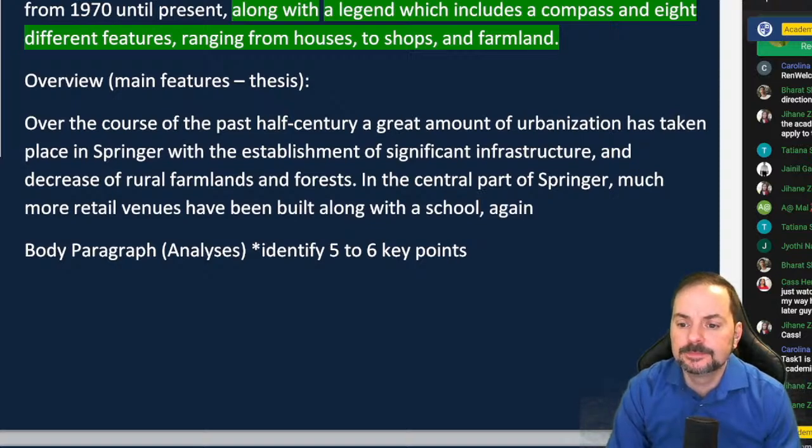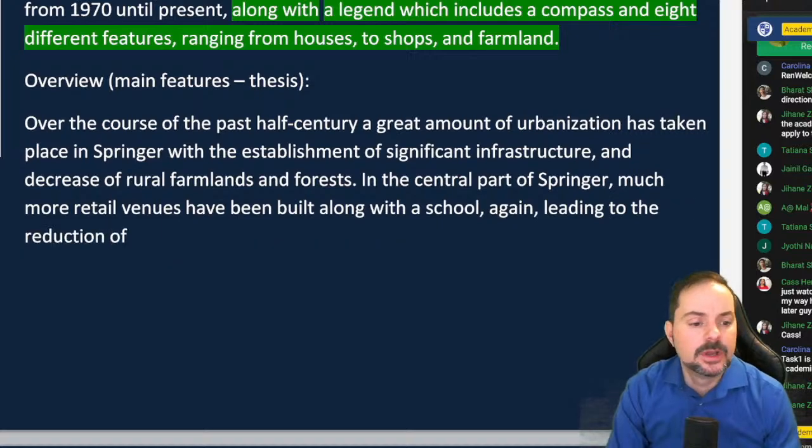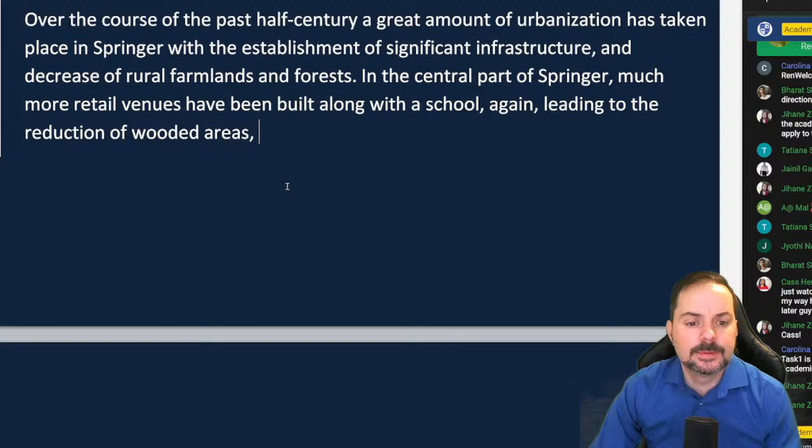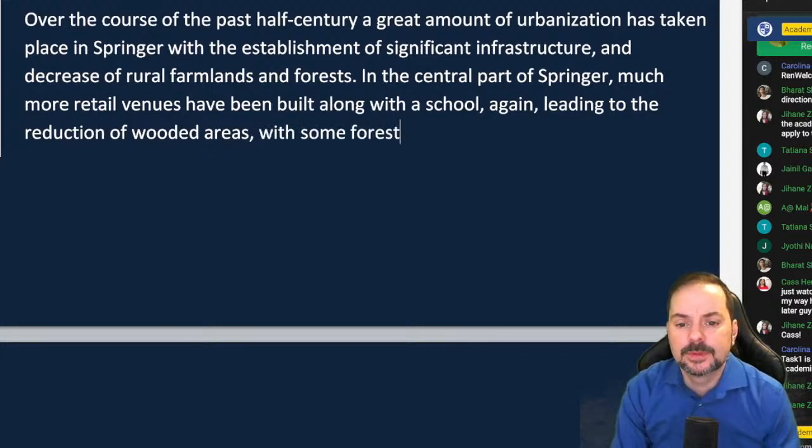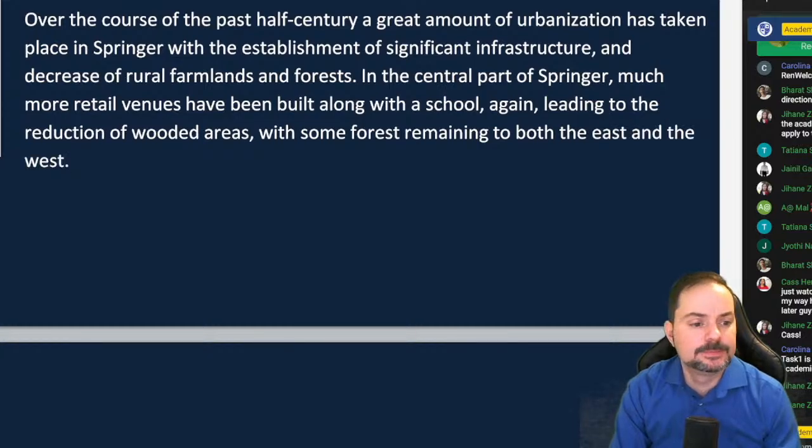Again, leading to the reduction of wooded areas with some forest remaining to both the east and the west.